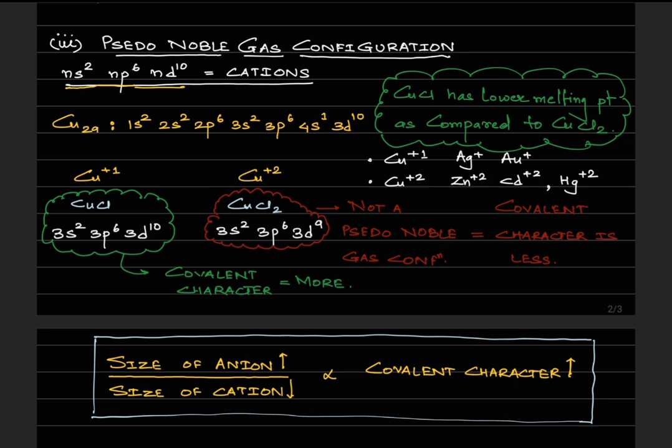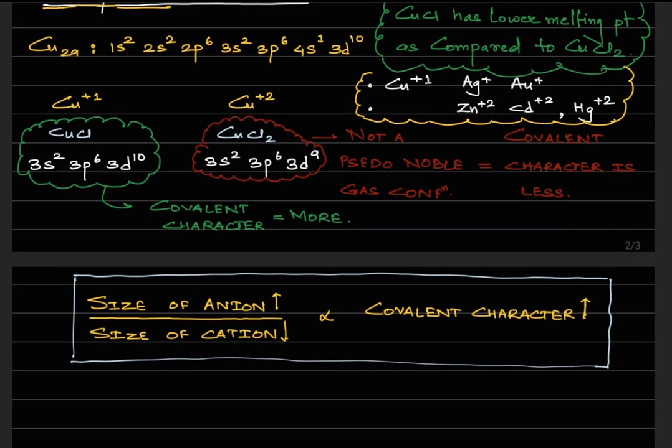Then let me just cancel Cu2 plus over here. Okay, we'll just write down the cations which have pseudo noble gas configuration. So those are Cu+1, Ag+1, Au+1, Zn+2, Cd+2, and Hg+2. All of these 6 ions have pseudo noble gas configuration, so they have the capability of showing you the maximum covalent character.